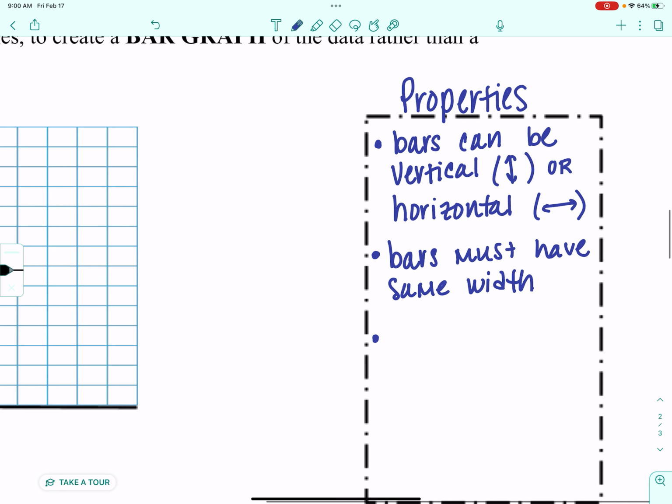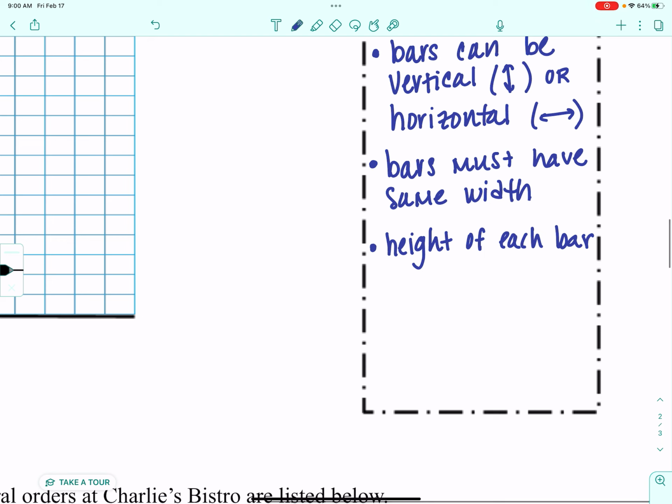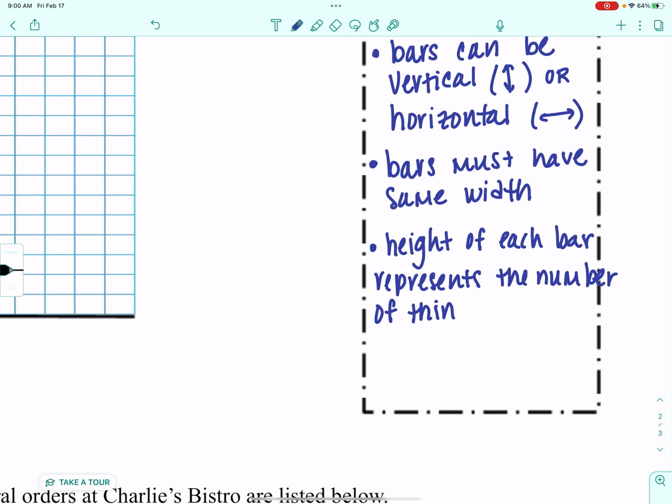And the height of each bar represents the number of things in each category.